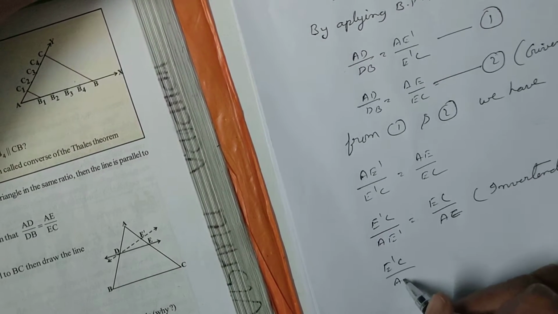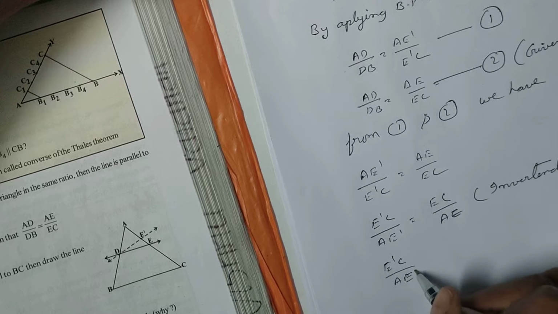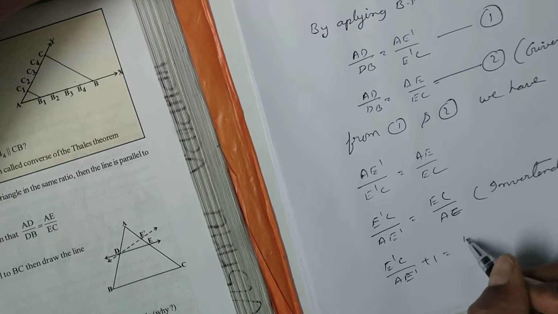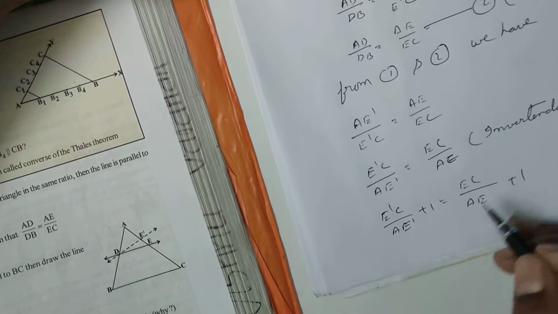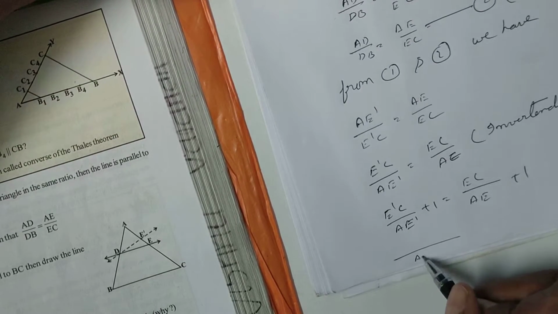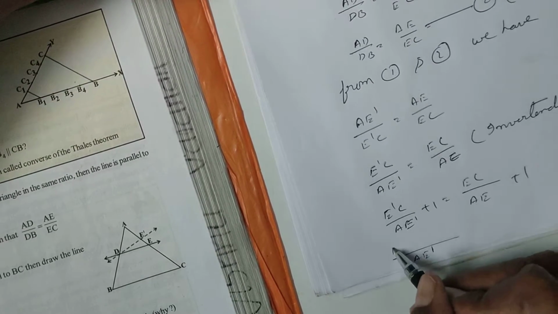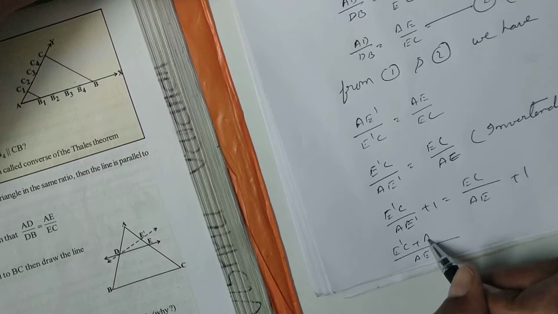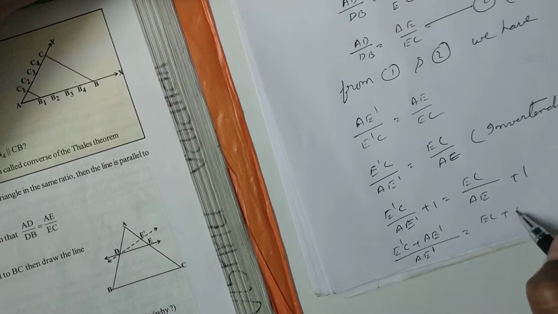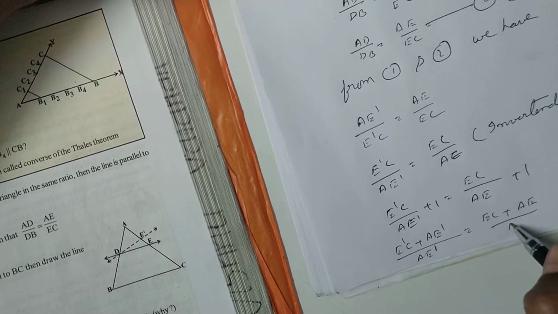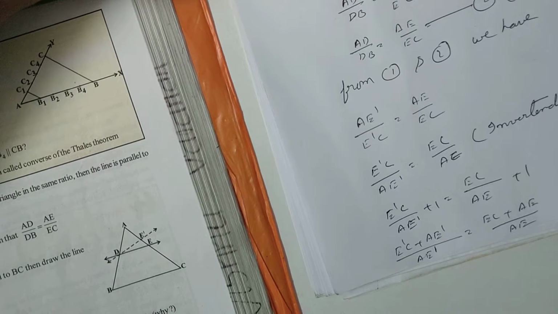E dash C by AE dash plus 1 is equal to EC by AE plus 1. If you take LCM here, AE dash will be here and E dash C plus AE dash is equal to EC plus AE by AE.